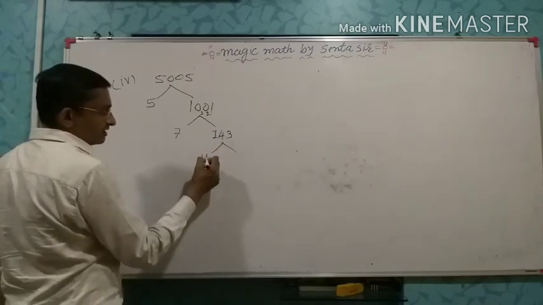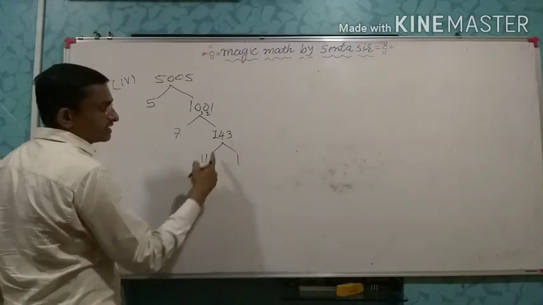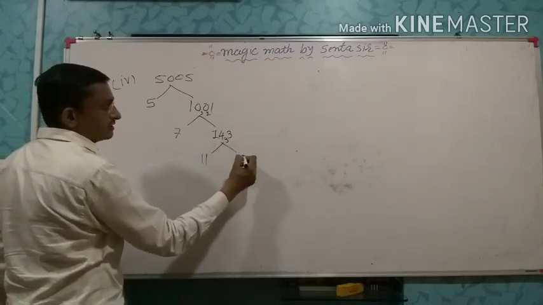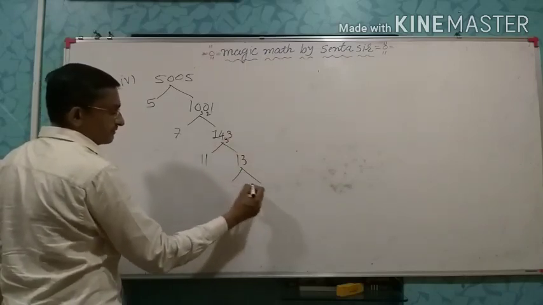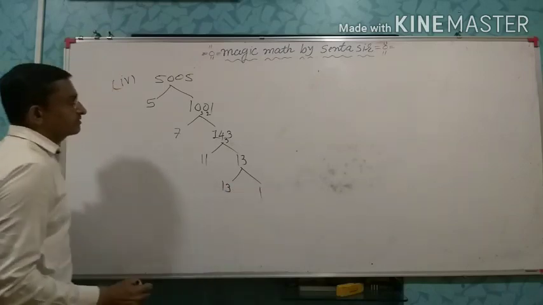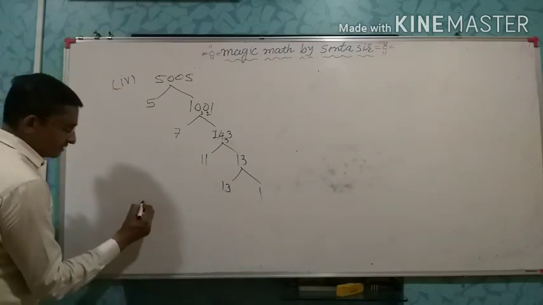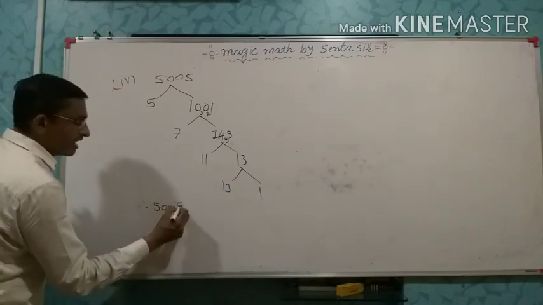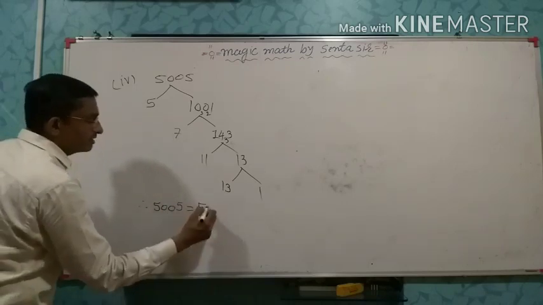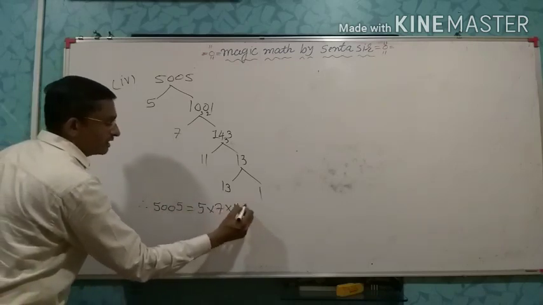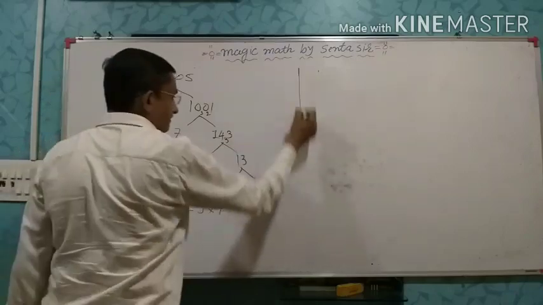Now we take the factor 11. 11 ones are 11, 11 threes are 33, 13 ones are 13. Therefore, 5005 is equal to 5 into 7 into 11 into 13.